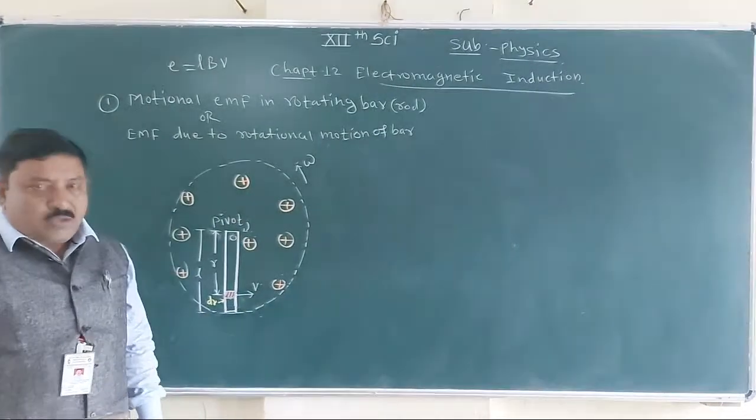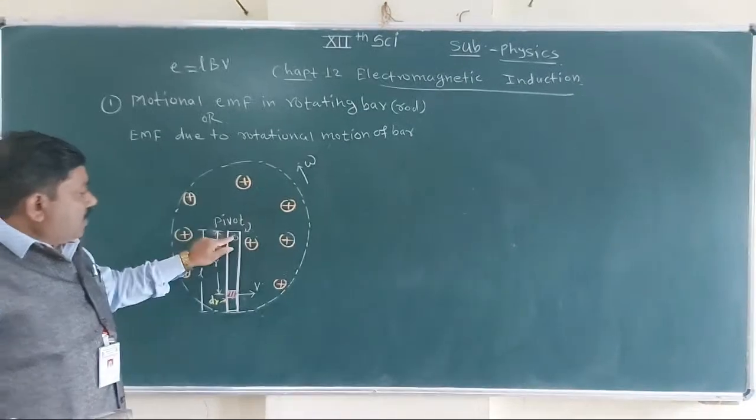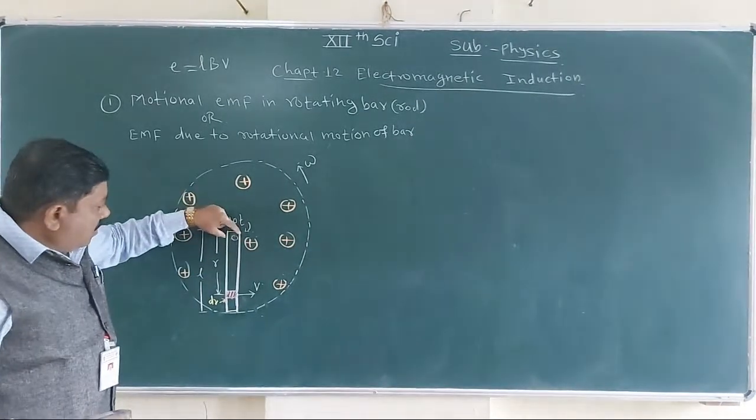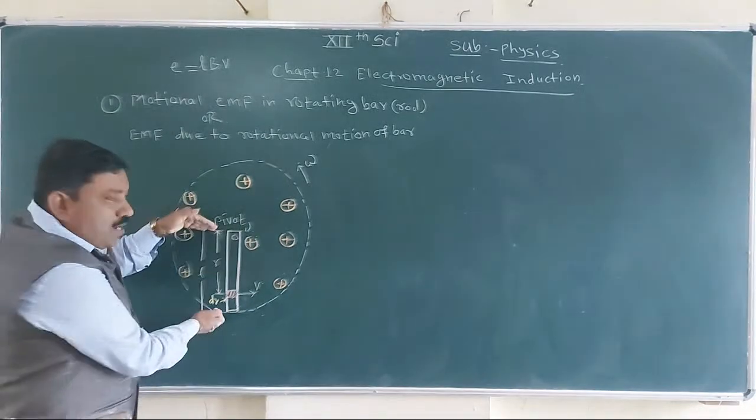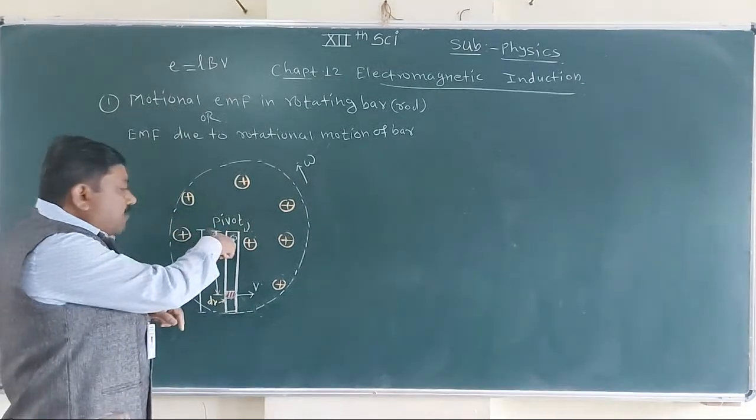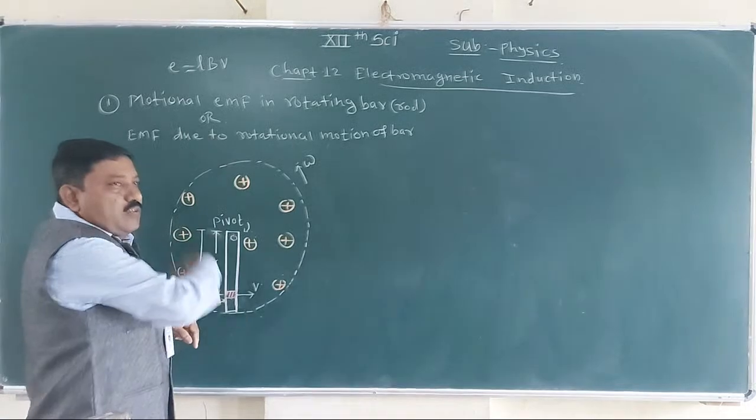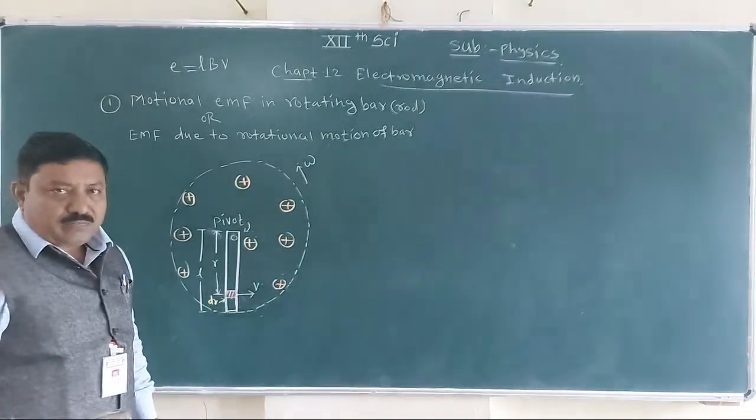So here, consider in the figure a conducting bar of length L pivoted at one end and rotating in a uniform magnetic field of induction B bar.